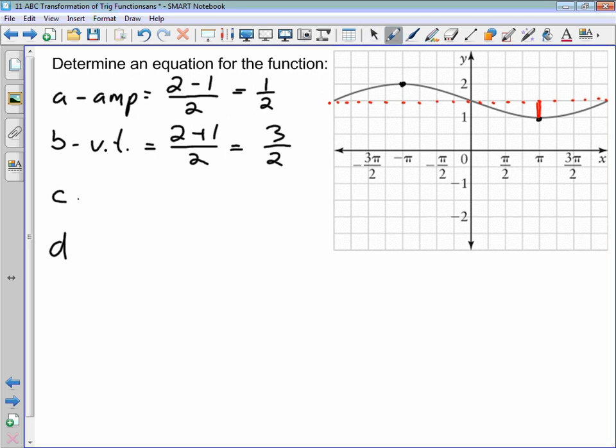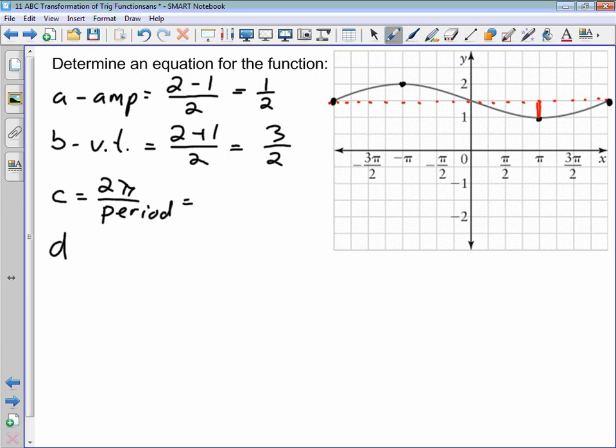C is related to our period. It's 2 pi divided by the period. So we need to determine the period of this thing here. We're shown one complete cycle from here over to here.